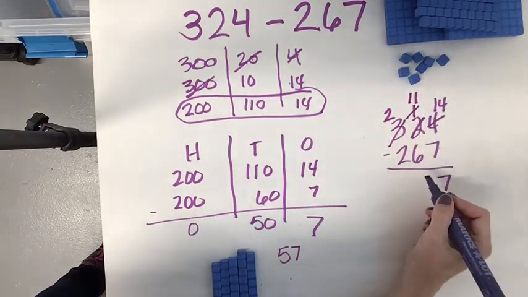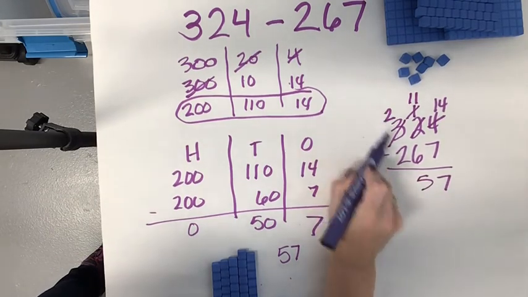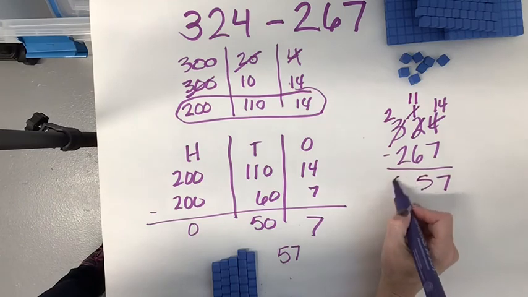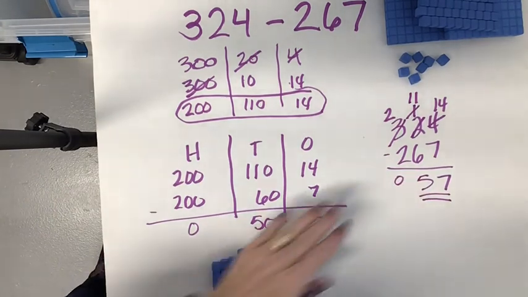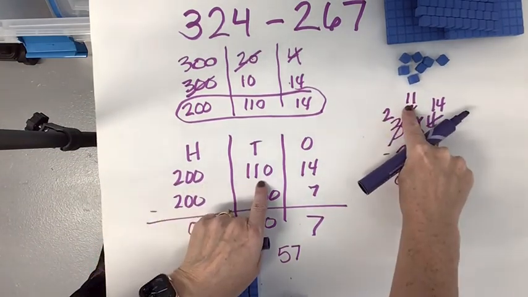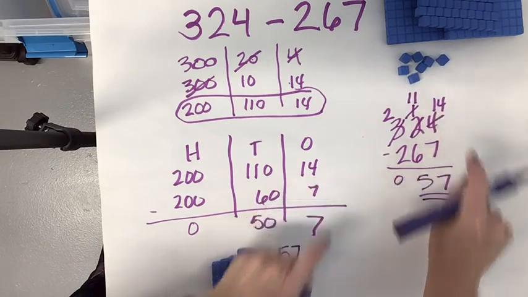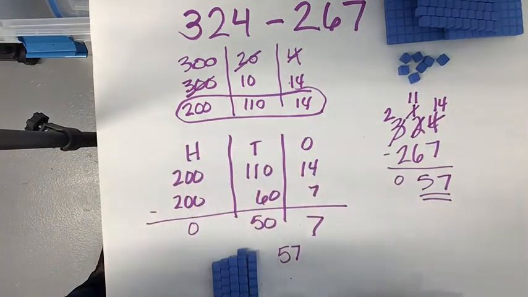And 11 tens minus 6 tens is 5 tens. And then 2 hundreds minus 2 hundreds is 0 hundreds. My answer matches what we built here. My work matches what we worked with. 2 hundreds, 11 tens, 14 ones. So I need them to see how each of these steps connects to place value that we've been learning.